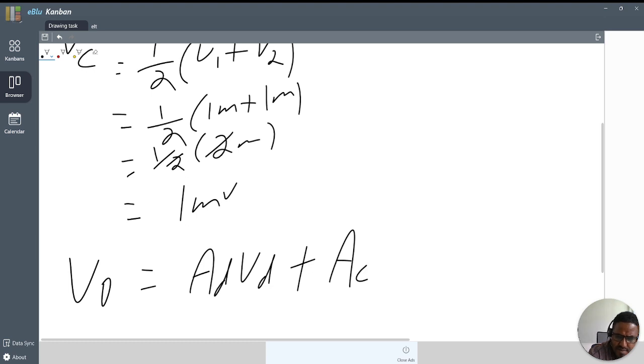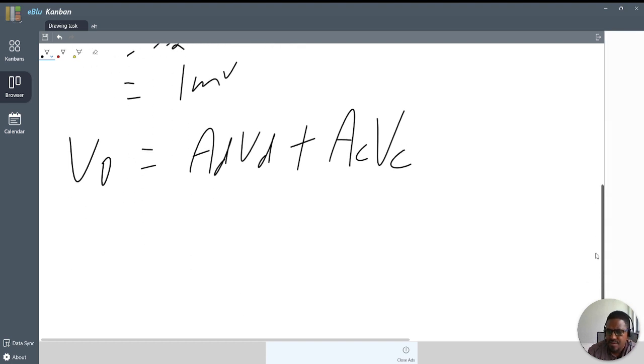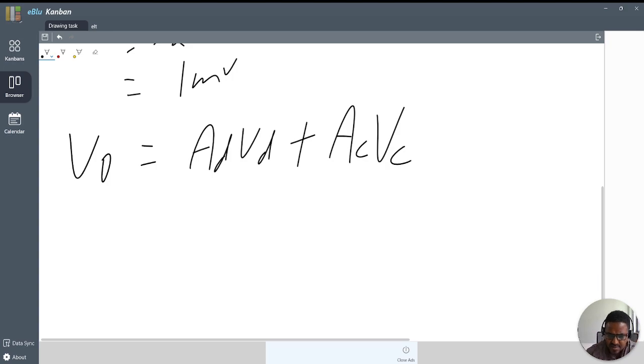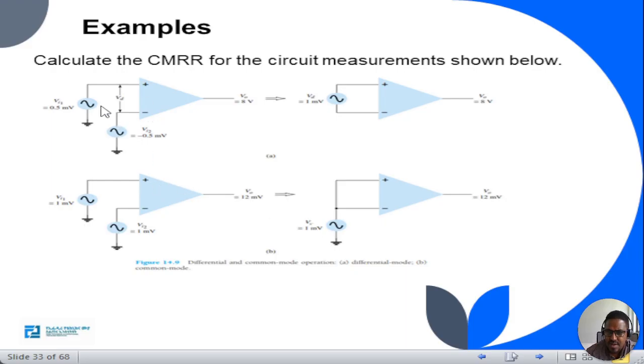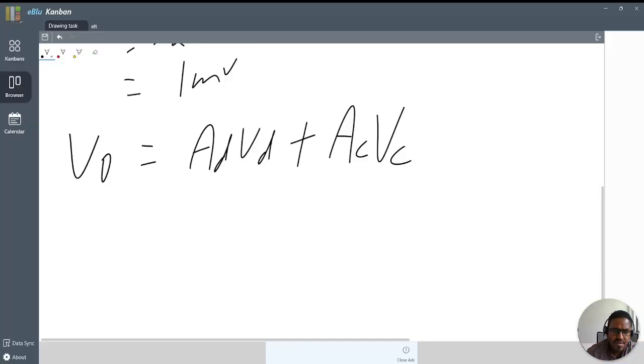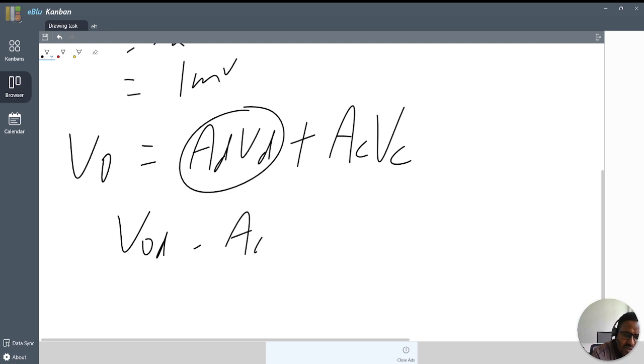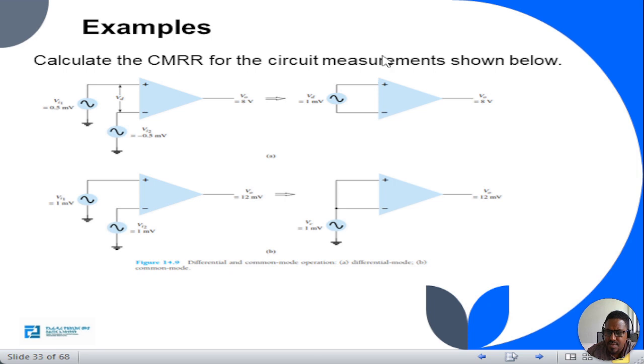So to find V out: V out becomes gain of differential multiplied by V differential plus gain of the common multiplied by V common. So first find the gain of differential. In the first circuit, the V out is 8 volt.